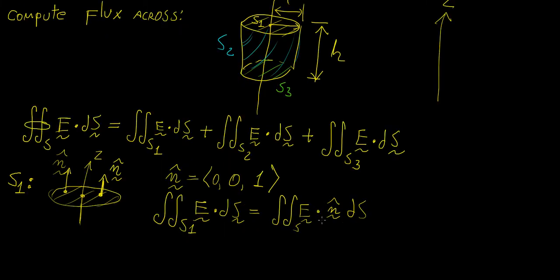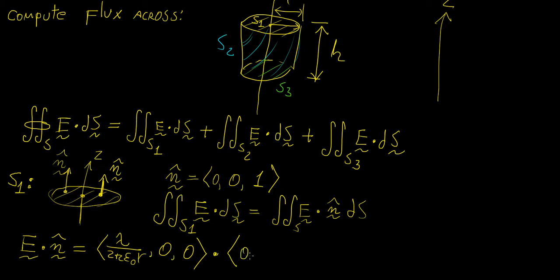Now it all boils down to calculating this term. If we have E dot product with the unit vector n, then we have lambda over 2 pi epsilon 0 r, 0, 0, and then dot product with 0, 0, 1.